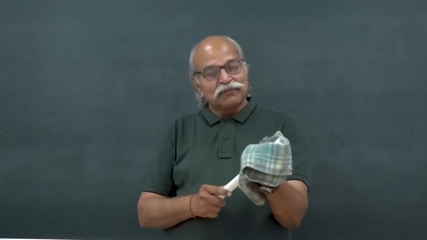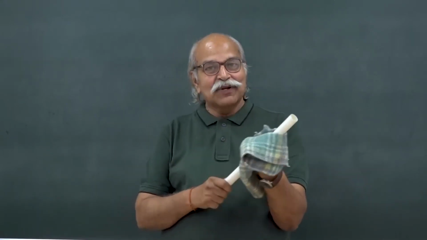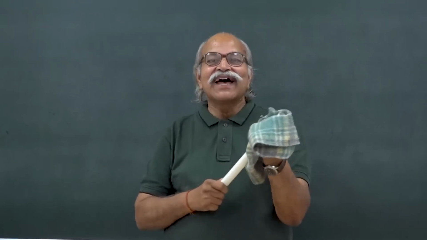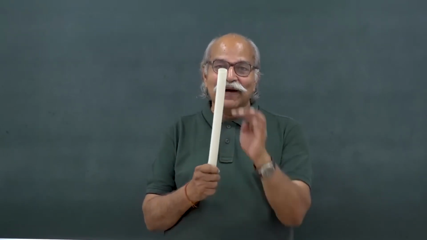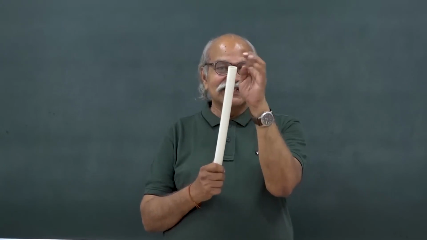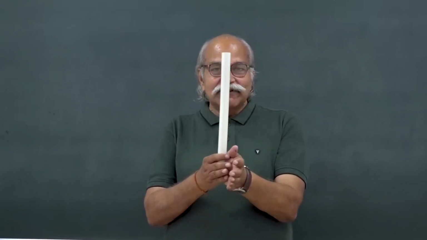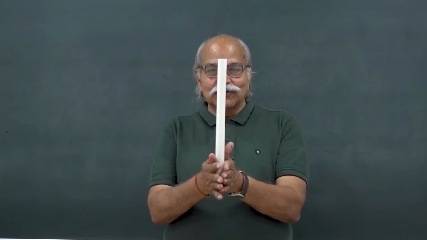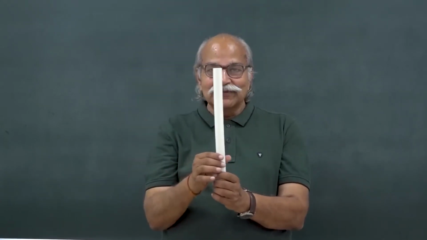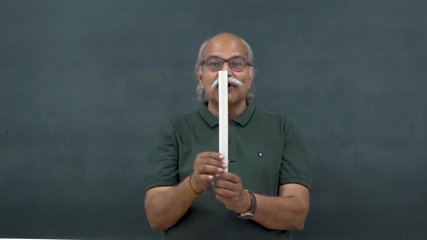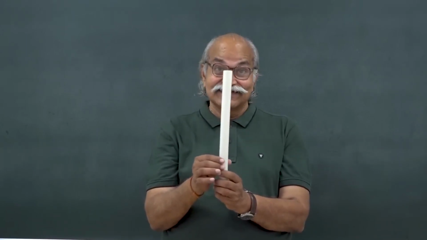But suppose I rub it in a proper fashion, so that there is a uniform charge density everywhere on the pipe, some sigma everywhere on the pipe, and I rotate the pipe around its own axis with a uniform angular velocity.